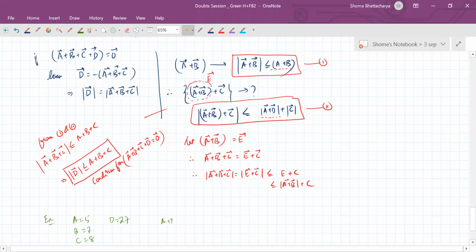Then here A plus B plus C plus D cannot be 0. Why? Because D, which is 27, is greater than, okay, this value is 20.